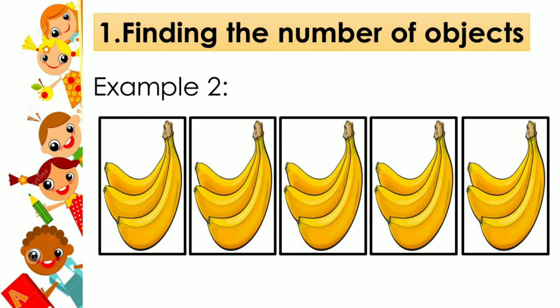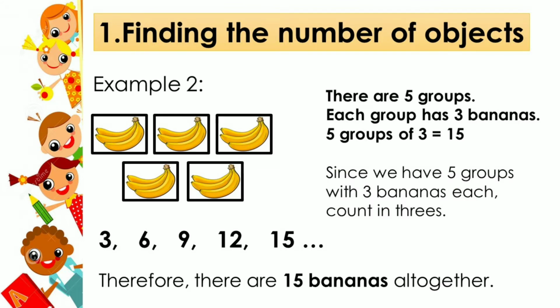Another example, we have bananas. There are 5 groups, as you can see in the picture. Each group has 3 bananas. 1, 2, 3. 5 groups of 3 is equal to 15.